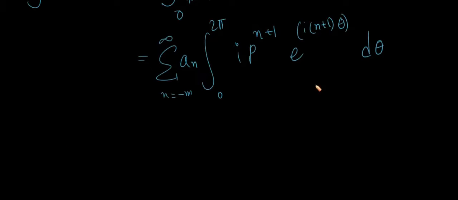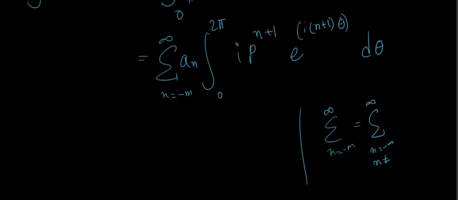Now this seems pretty straightforward, and before I carry out the integration, what I would like to do is decompose this series into two parts. That is a series where n won't be equal to -1 and a series where n will be equal to -1, because if you see, the summation is running from n equals -m to infinity. So this can be broken down like this, -m to infinity.